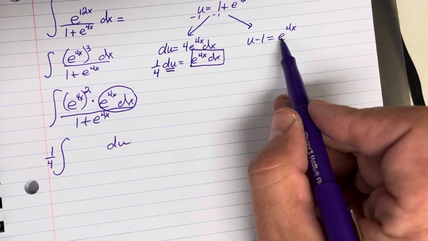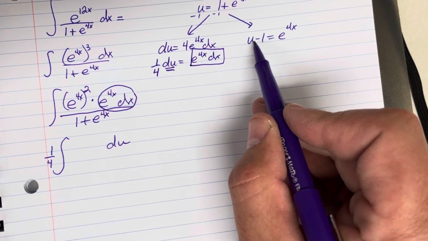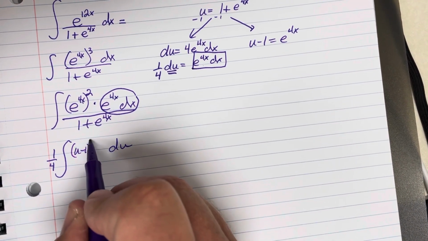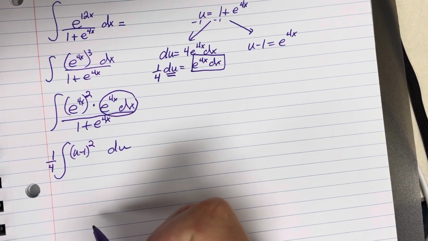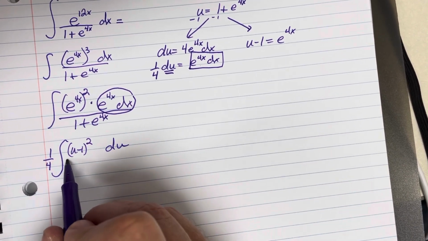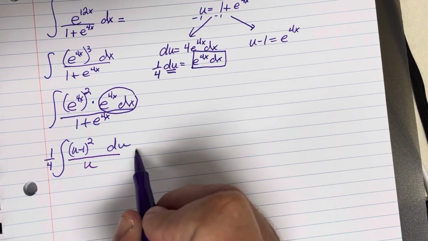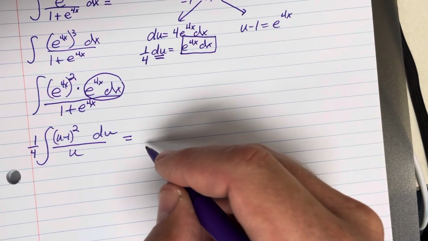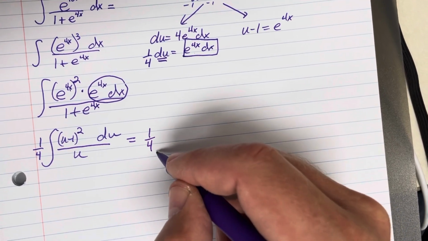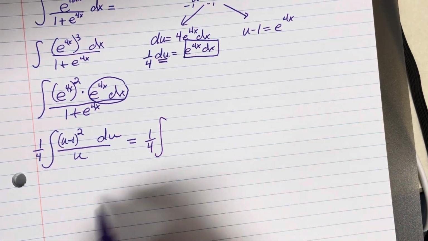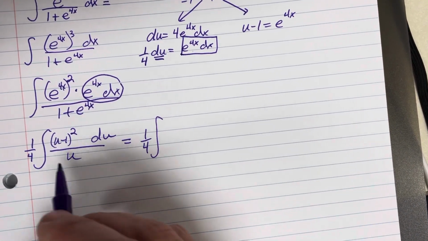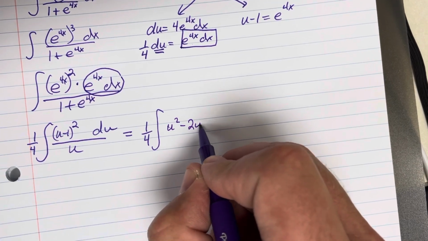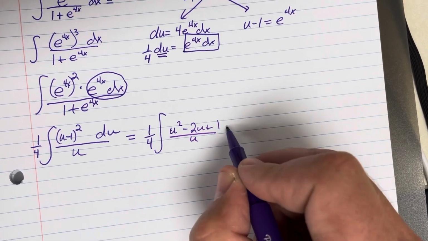I now have, for e to the 4x, u minus 1 getting placed inside of the parentheses to the second power. And then the denominator is u. And now we end up actually having an easier time than what we did in class, trying to break this down. Well, this will become u squared minus 2u plus 1 all over u du.